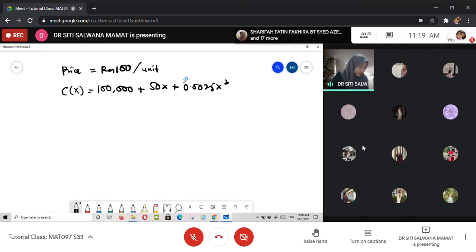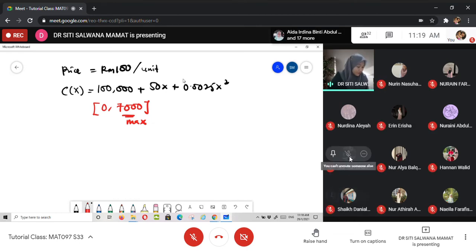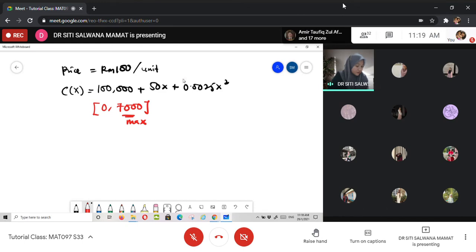And then the daily production capacity is at most 7,000 unit, which mean kat sini kita ada interval 0 to 7,000. So this is maximum number of production lah, maximum unit. How much unit must be manufactured and sold daily to maximize profit?